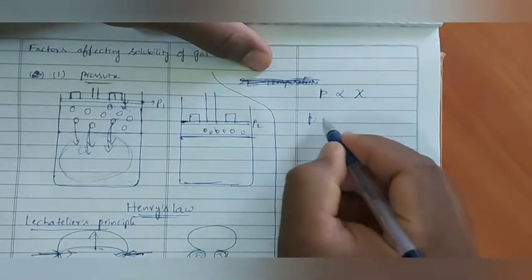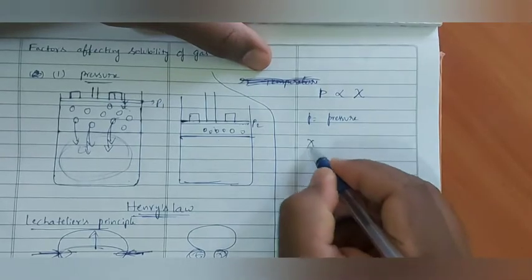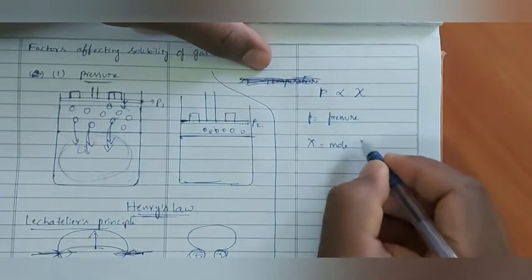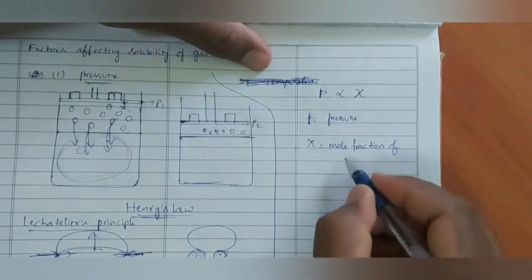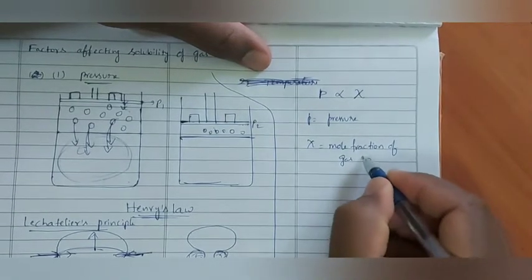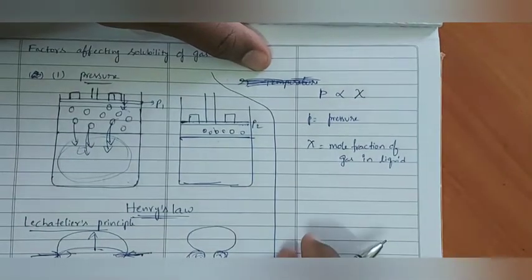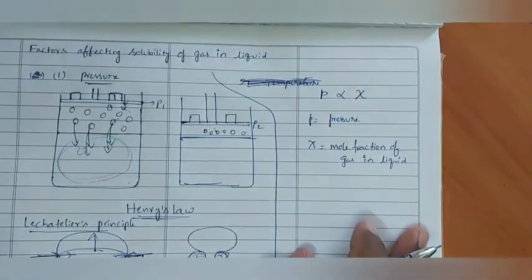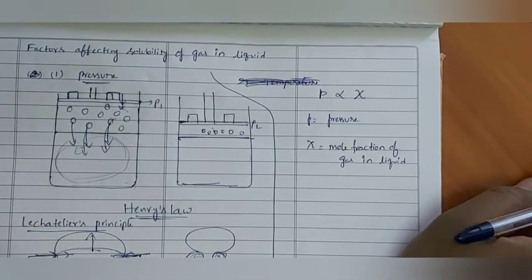Now P is equal to pressure, chi is equal to mole fraction of gas in liquid. This chi meaning mole fraction, the definition we have seen in 11th class first chapter.